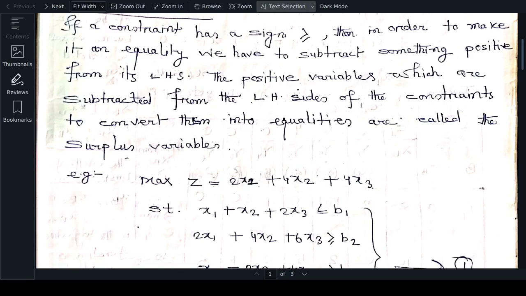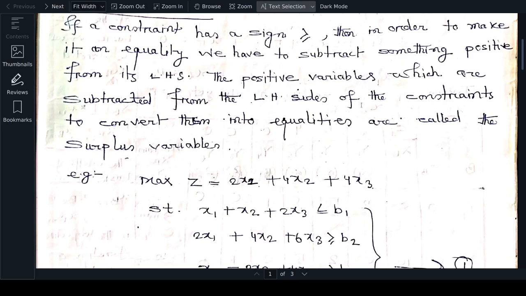So now we know what is a slack variable and what is a surplus variable. Next one is the development of the simplex method.